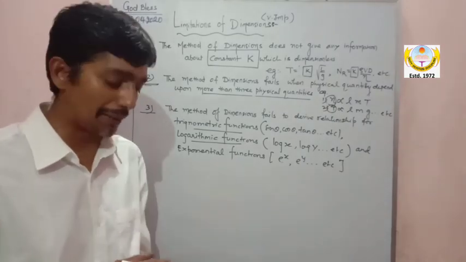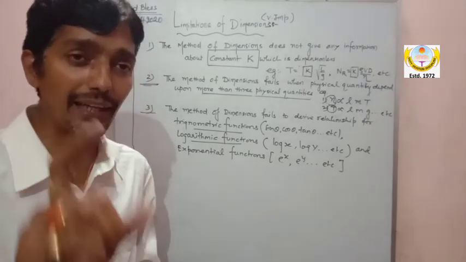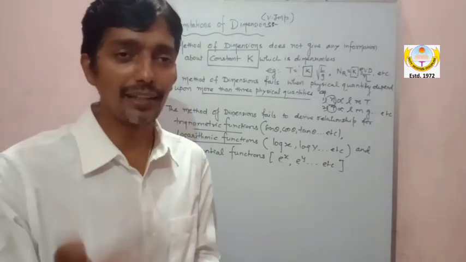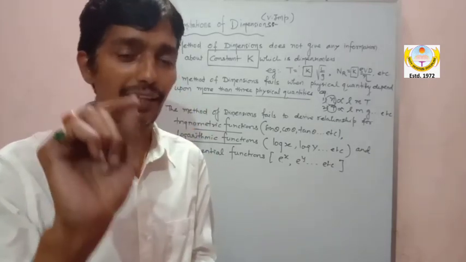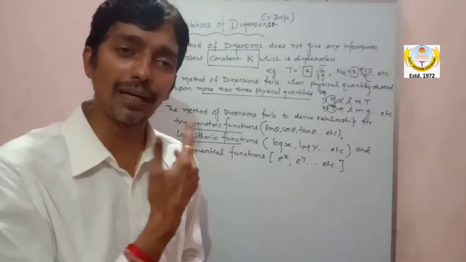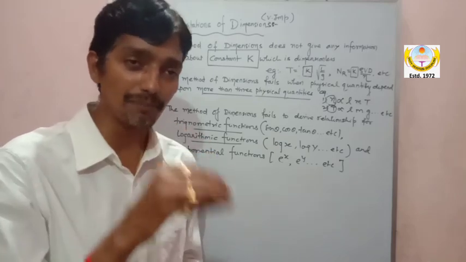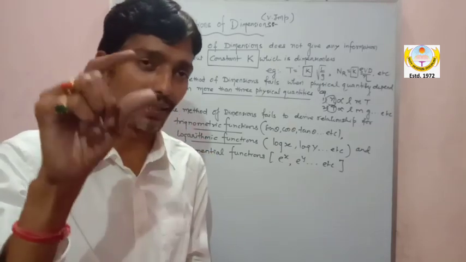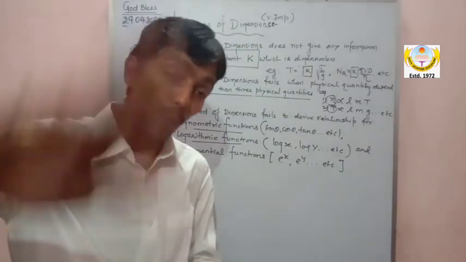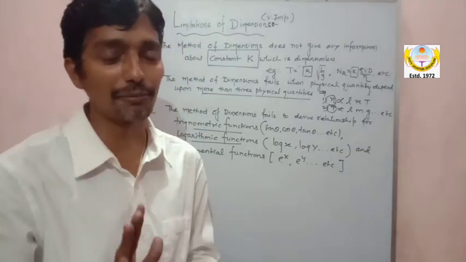The first limitation: the dimension method fails to give any information about the constant k, which is dimensionless, right? We directly substitute k. There is no method for calculating the value of k by dimensions. Second, my dear, the dimension method fails if any physical quantity depends upon more than 3 physical quantities. We have done the depend questions. If any given physical quantity depends upon more than 3 physical quantities, the dimensions method will fail.